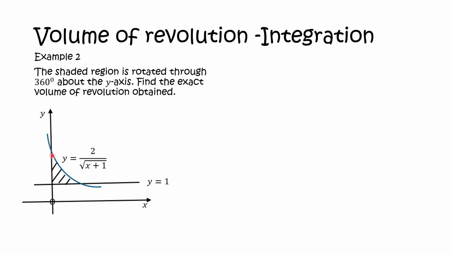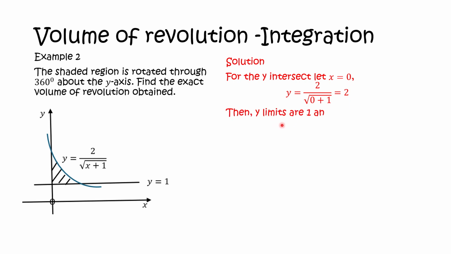So this one is similar to the equation that we looked at in our previous videos when we were covering area using integration. So to find the other intersection, we would set our x to 0. So when we set x to 0, we are going to get y of 2. So then it means that we have the limits, the lower limit of 1 and the upper limit of 2.